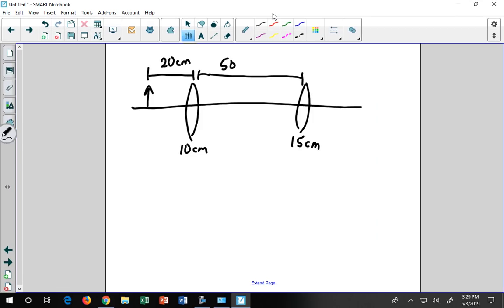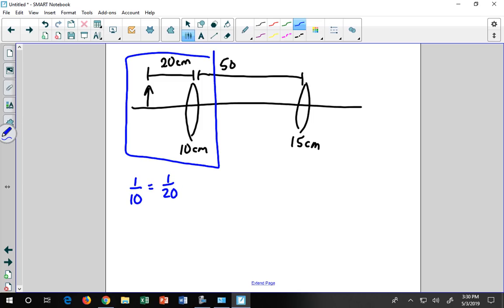So I first look at this lens, and I say 1 over f, that's 1 over 10, equals 1 over 20, that's 1 over p, plus 1 over q. And I solve that for q. Look, 1 over 10 is 2 over 20, minus 1 over 20 is just going to be 1 over 20. So q is equal to 20.